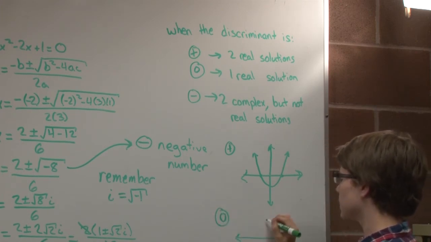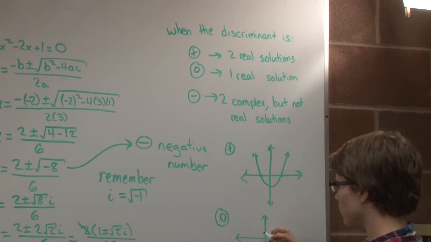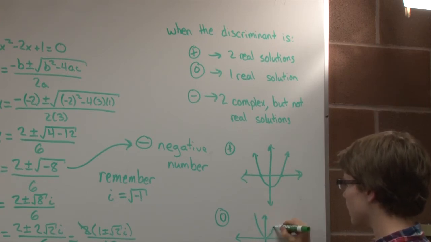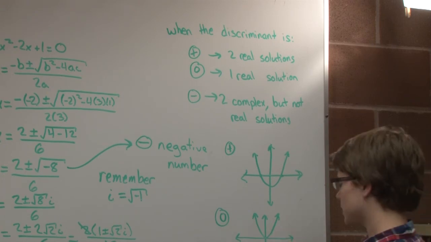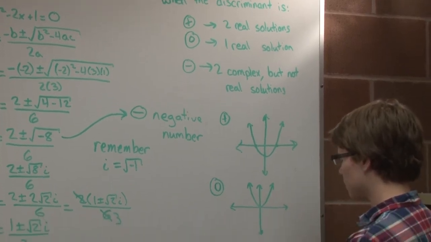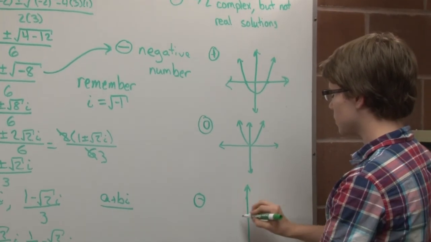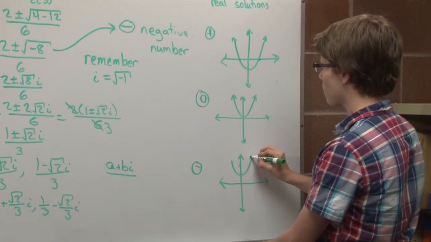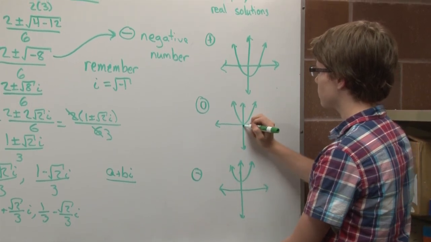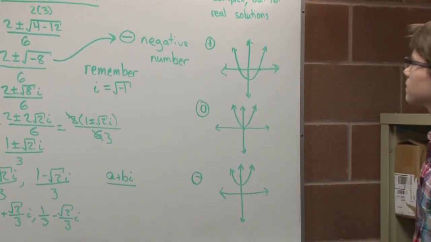So we know that it intersects the x-axis only once. So it's going to look something like this, where it just touches the x-axis. Then when it's negative, it doesn't have any real solutions, so it doesn't touch the x-axis at all. So it'll look something like that. Right?